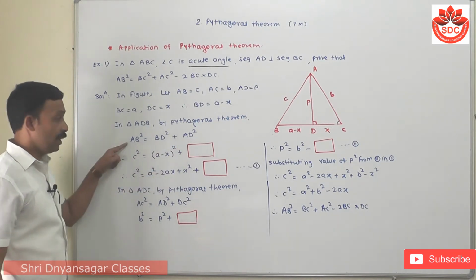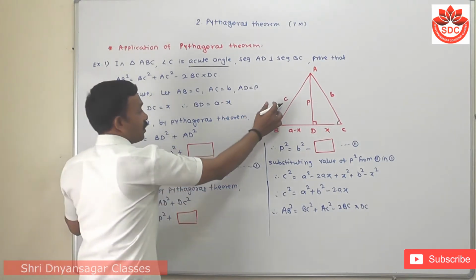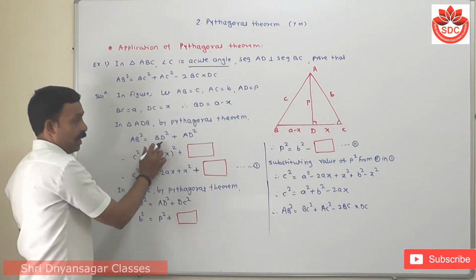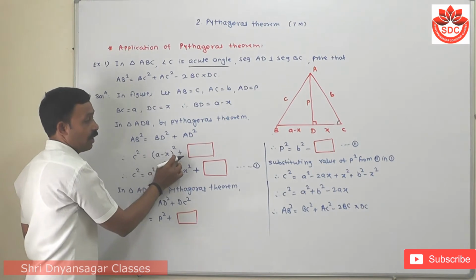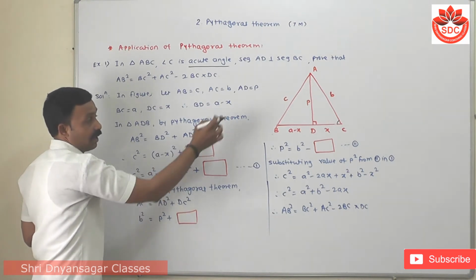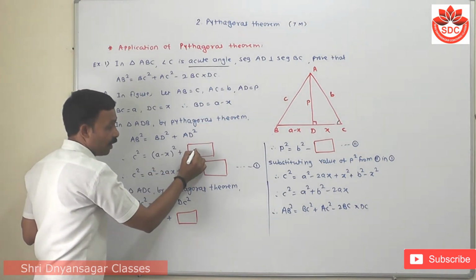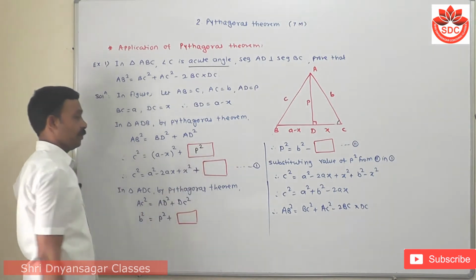Student, AB is c, so c square. BD is a minus x, so (a minus x) square, plus. What is the value of AD? AD is shown by p, so I write here p square.